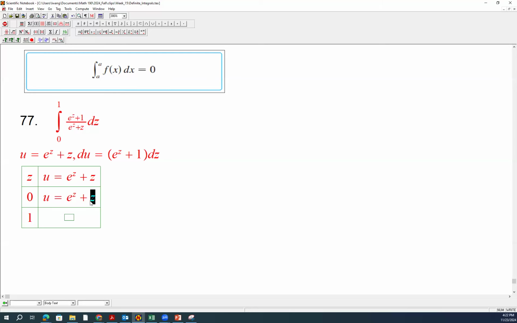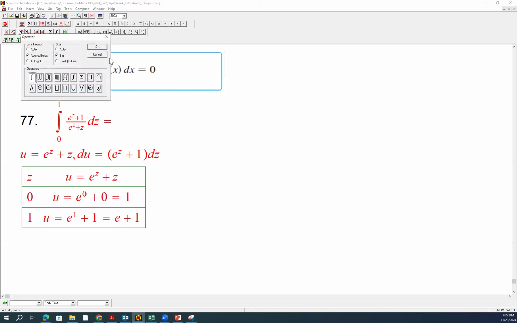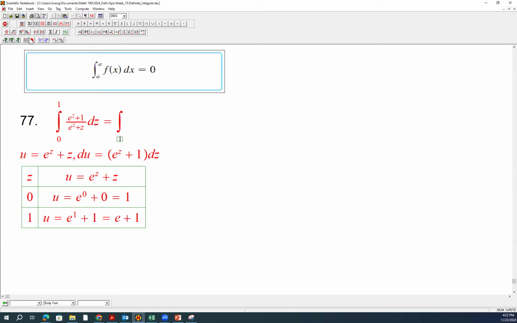When z equals 0, u equals 1 plus 1... oh sorry, that's e to the 0 plus 1, which equals 2. Let me redo this: when z equals 0, e to the 0 is 1, and u equals 1 plus 1. When z equals 1, u equals e plus 1. So the definite integral changes to another integral with respect to u, and the limits are 1 to 1 plus e, or e plus 1, same thing.